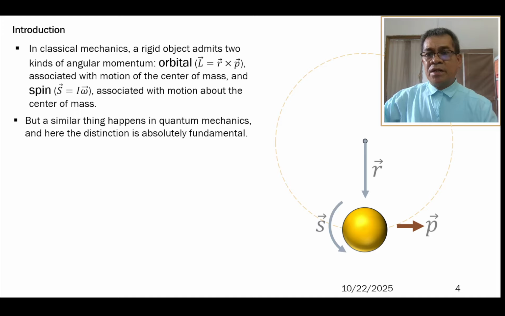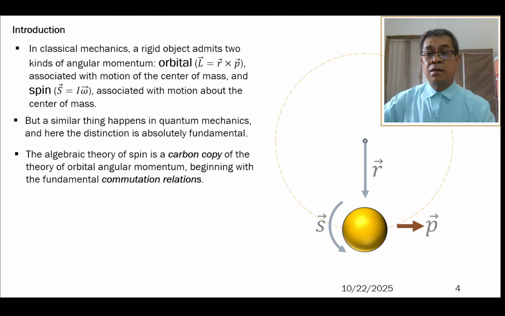But in quantum mechanics, we actually have a similar behavior of the particle that rotates around the circle. So therefore, we have also the orbital and the spin angular momentum in quantum mechanics.